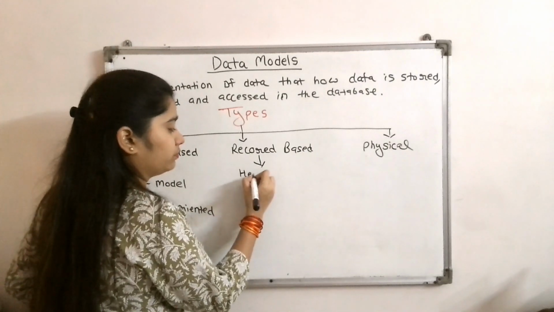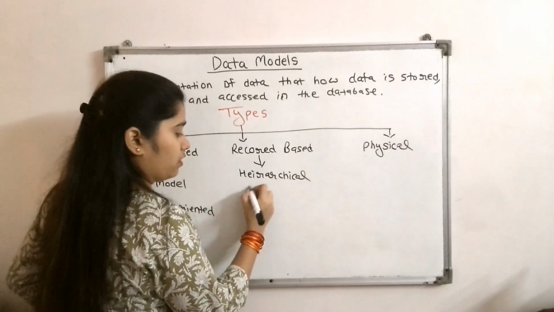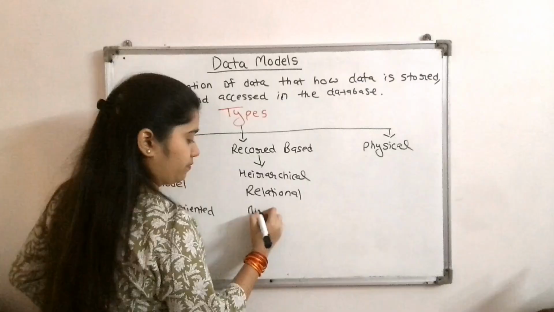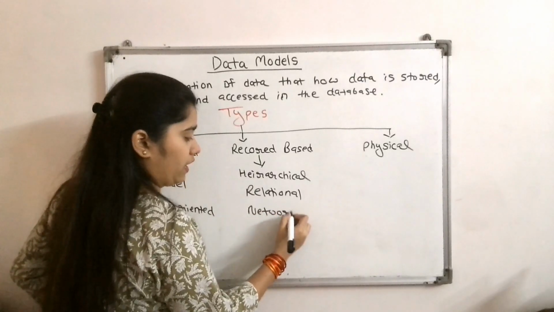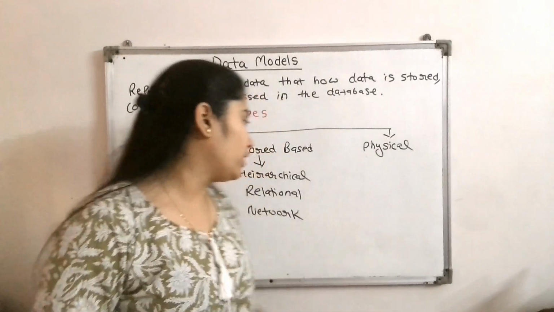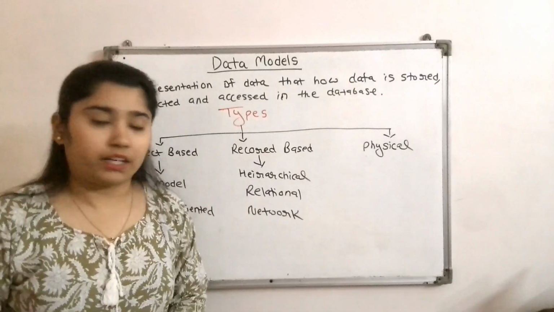What are they? Hierarchical, relational and network. Okay, in record based we have three subtypes: hierarchical data model, relational data model and the network data model.